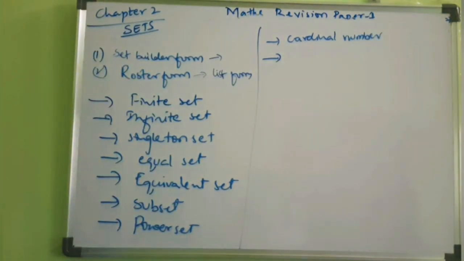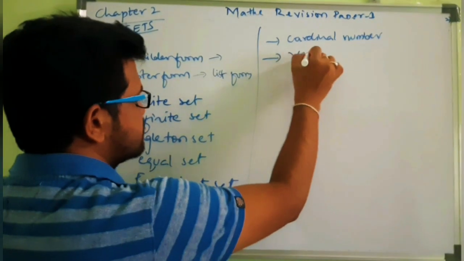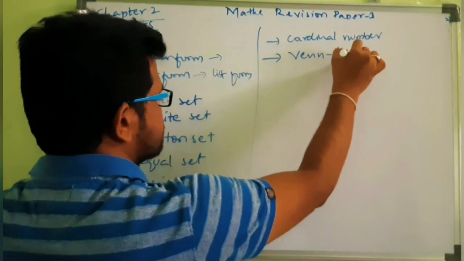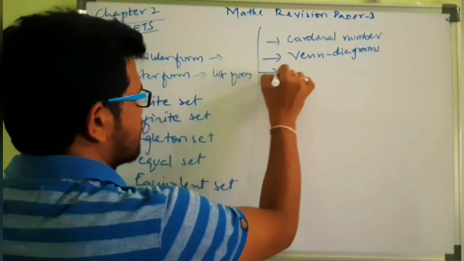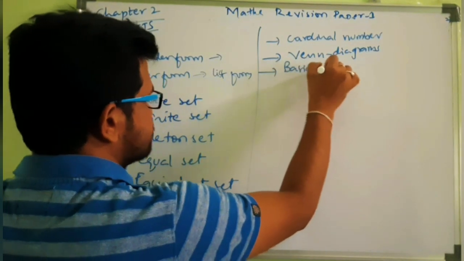Okay, cardinal number, and next Venn diagrams, and basic operations.